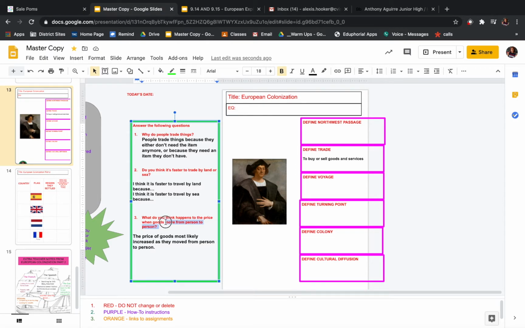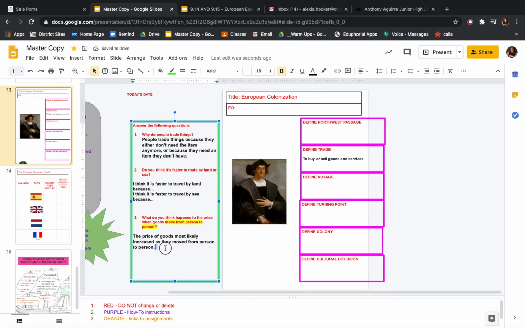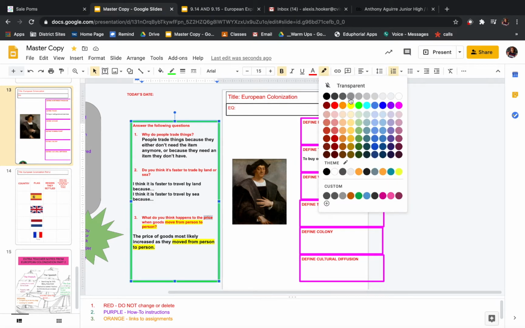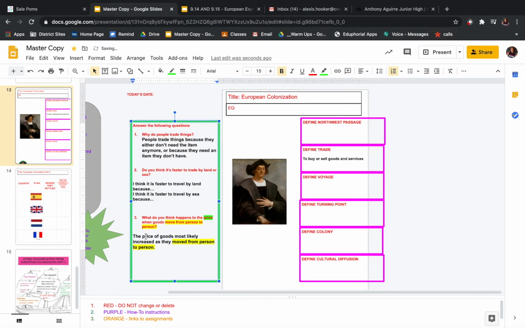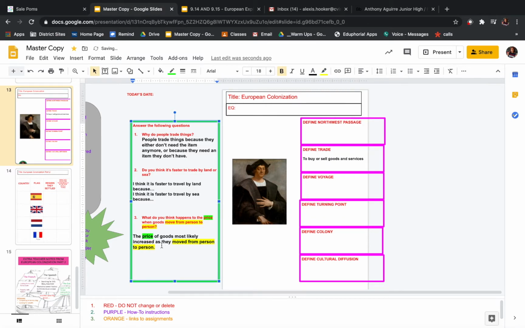I copied this. So this right here, let me highlight that. This part of the sentence matches this from the question, okay? Move from person to person. What do you think happens to the price? So, price, right? And then what?